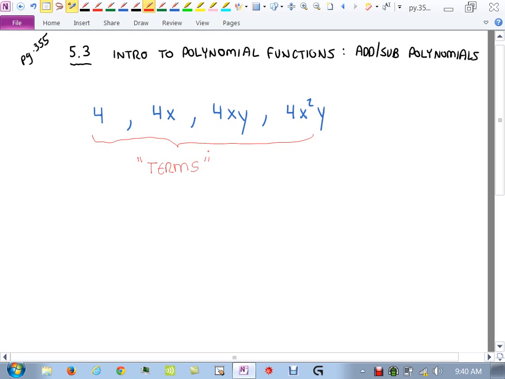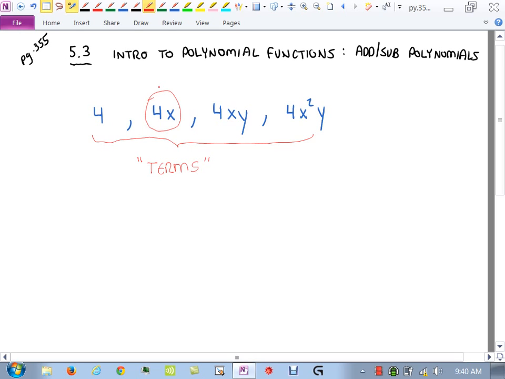So when I write 4x up here, it's implied, even though I don't put the multiplication symbol there, that it means 4 times x. And when I put 4xy, that means 4 times x times y. And the last one is 4 times x squared times y. So it's implied that there's multiplication. Anytime you have letters and numbers mixed together with multiplication between them, each one of those is a term. Got it?